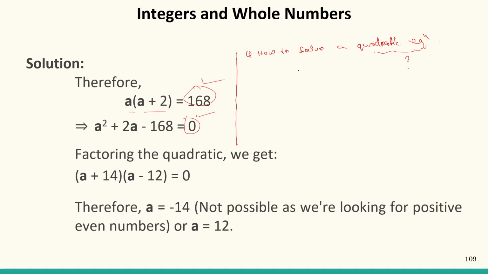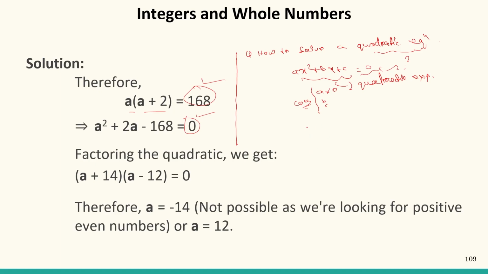An expression of this form, that is ax square plus bx plus c. This is called a quadratic expression. Here a must not be equal to 0, and b, c are constants. Equating it to 0, what we are left with is a quadratic equation.